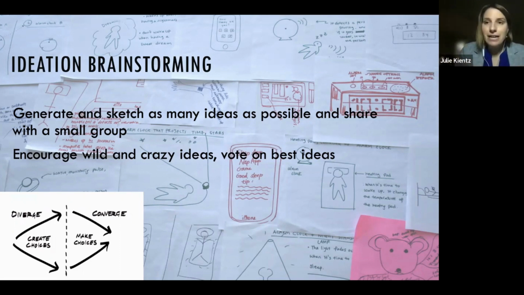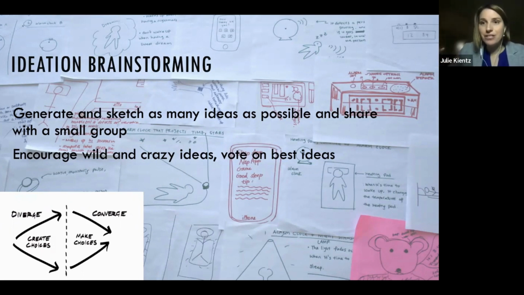Throughout the ideation process, you switch between what's called divergent and convergent thinking. When you start brainstorming, you start developing as many ideas as possible. At some point when you run out of ideas, sometimes we shoot for just 100 ideas because you want to stretch your brain as much as possible. Some of these ideas are going to be terrible ideas, but they're just ideas that you're getting out there.